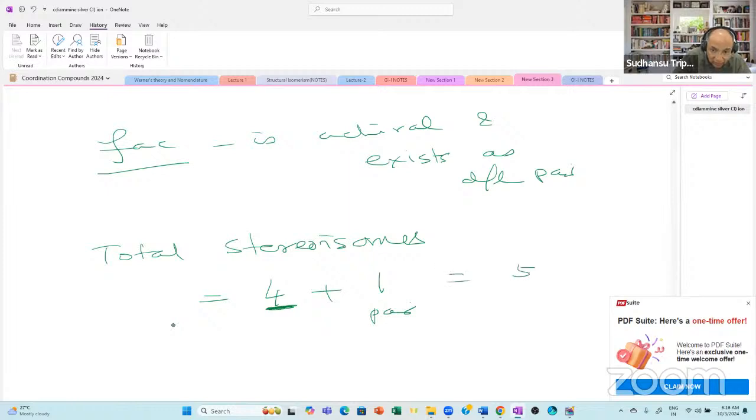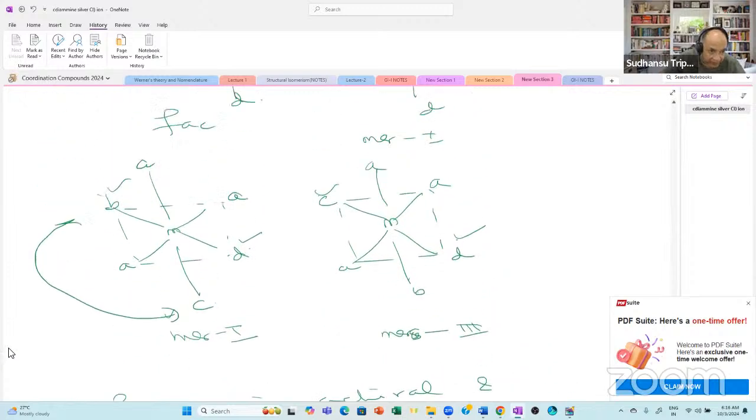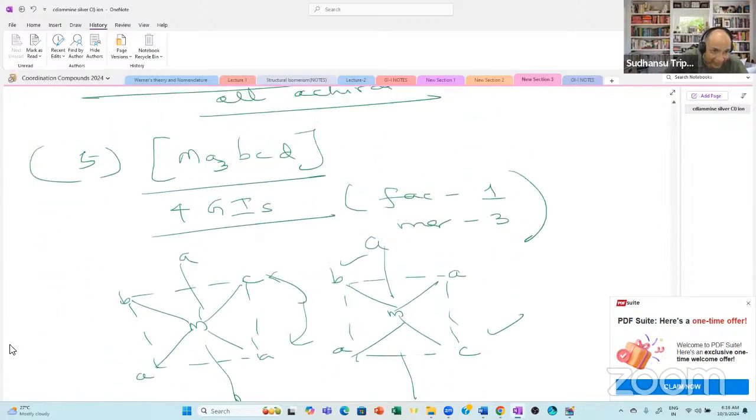So total number of stereoisomers for this formula is 5. And you can have umpteen examples of these types, say cobalt, ammonia whole 3, water, fluorido, then you can have nitrito.